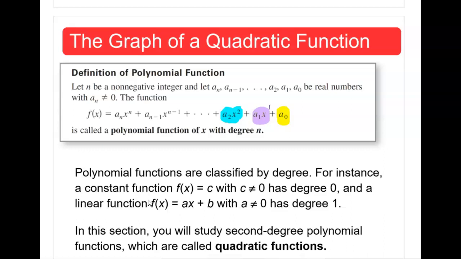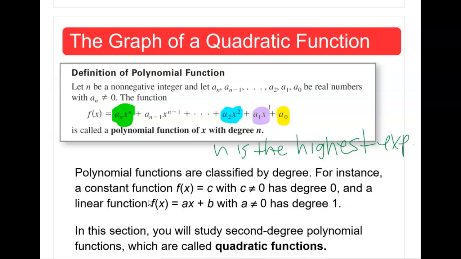And so if we continue and we look at the very first one that is here, a sub n times x to the power n, that will tell us which one is the highest exponent. So in this case, n is the highest or the largest exponent.